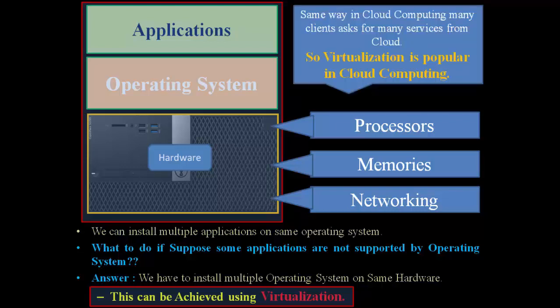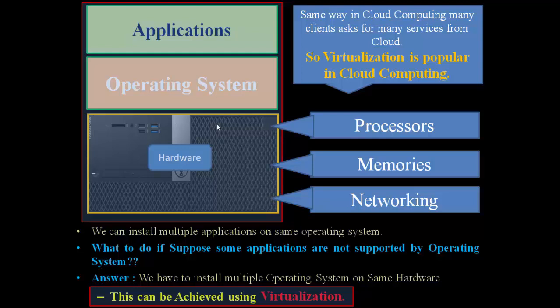Now when we think about cloud computing, in cloud computing there is a cloud provider and a number of clients. The cloud provider provides a number of services to the clients, and every client requires a number of services from the cloud. Suppose the cloud provider has one physical server, then how can the cloud provider provide services to multiple users?